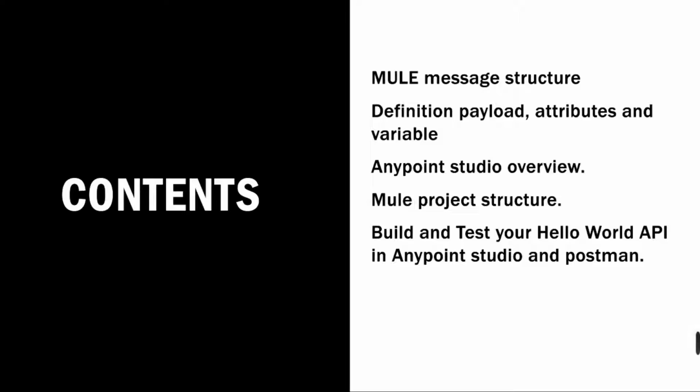Like that, there will be different types of files in the project structure, and I will explain those files for you guys. And today the most important thing: build and test your hello world API in Anypoint Studio and Postman. In Anypoint Studio we will do the development, and in Postman we will do the testing of that API.